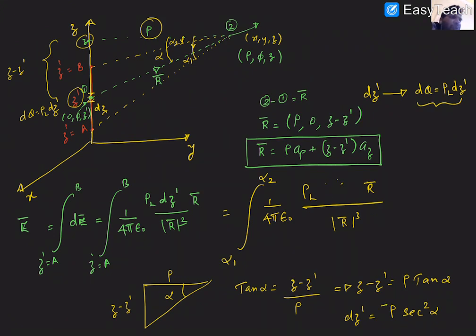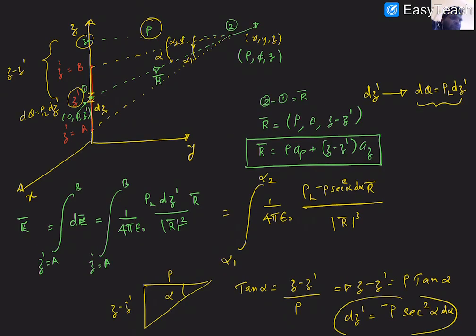So what we are going to do is replace this dz dash with this value, okay. So minus rho into sec square alpha into d alpha, because we have to differentiate with respect to alpha also.